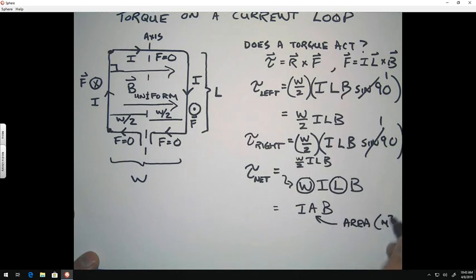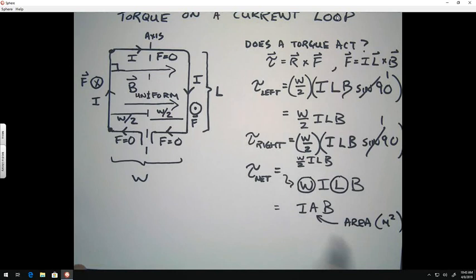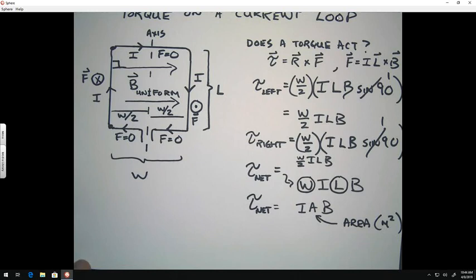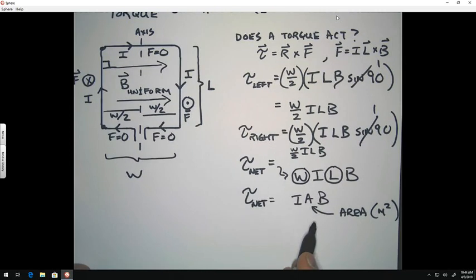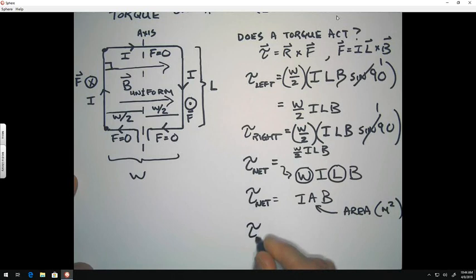Of course, that would be in square meters. Of course, current and magnetic field are expressed in their usual units. Okay, and so this would be the net torque that acts on the loop. I'm going to do one last thing to this formula. I'm going to add a couple of things here, and then I'll just justify them at the end. The final version of this formula is oftentimes written like this.